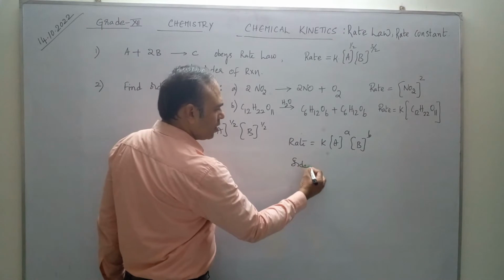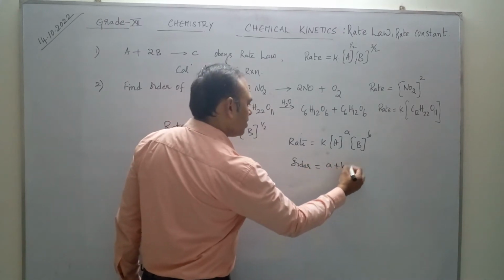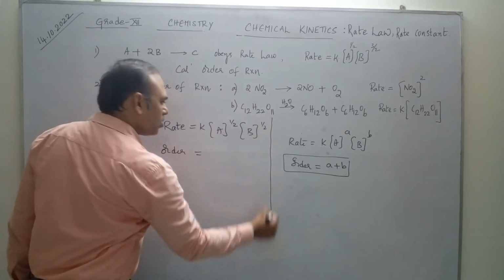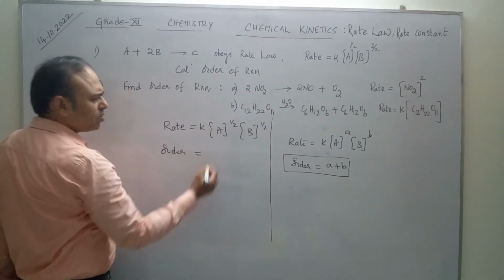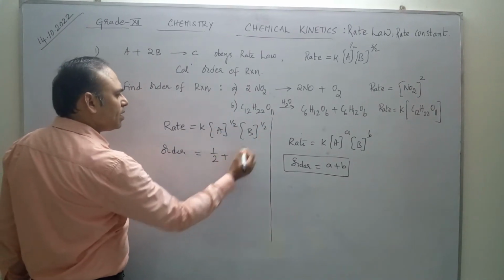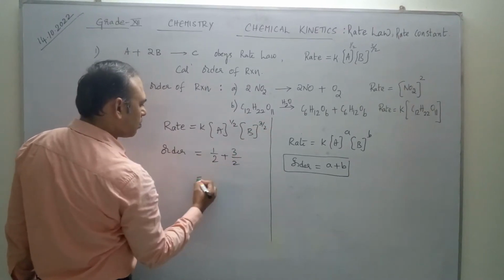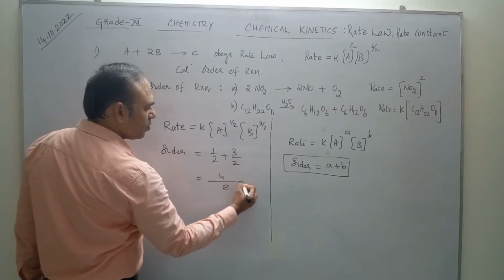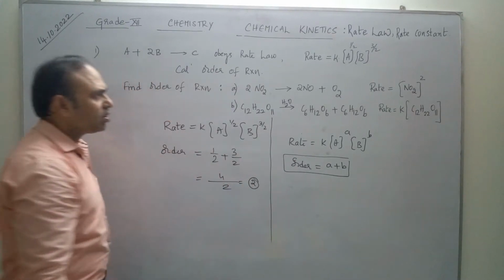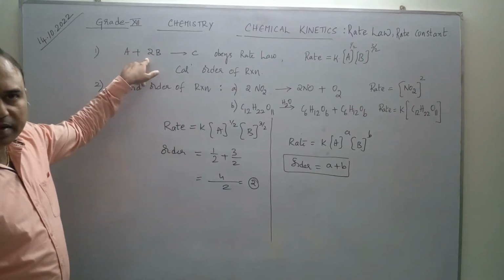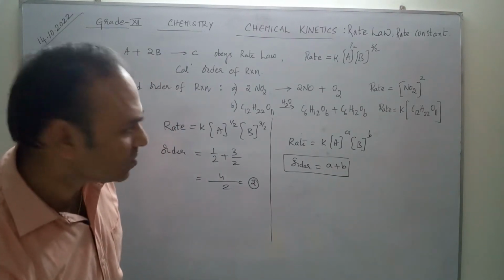Now order is equal to a plus b. We know this. Similarly here also order is equal to 1 by 2 plus 3 by 2. So we will get 4 by 2, which is equal to 2. Now the order of the reaction in the first case is 2. So this reaction is known as second order reaction.